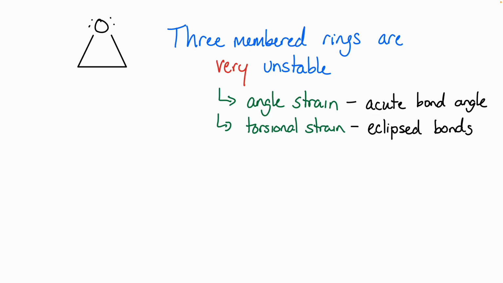All right, so all that to say, our epoxides here are very unstable, which means that they are very reactive. So unlike ethers that we said were super boring, epoxides, as soon as we kink that ether into a three-membered ring, all of a sudden we've raised its energy a ton, and it wants to react in order to relieve that angle and ring strain, our angle and torsional strain.